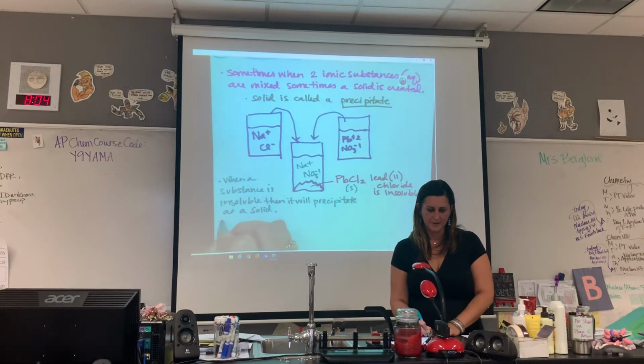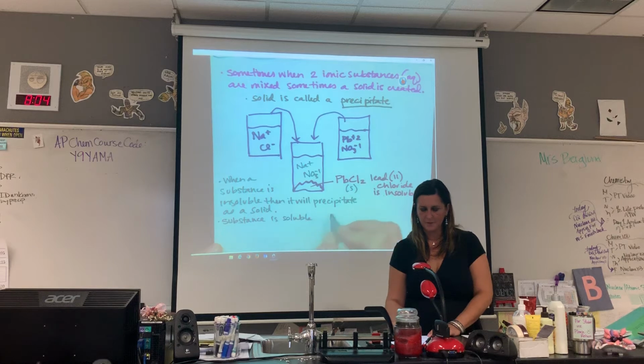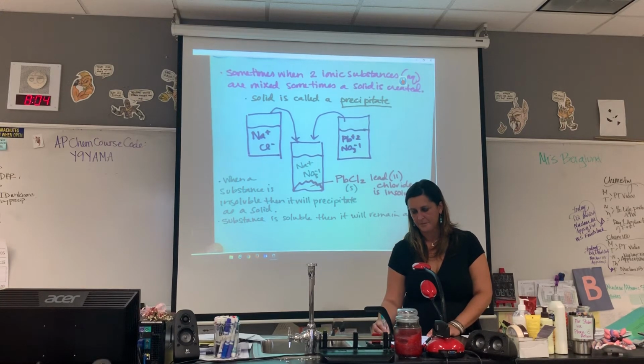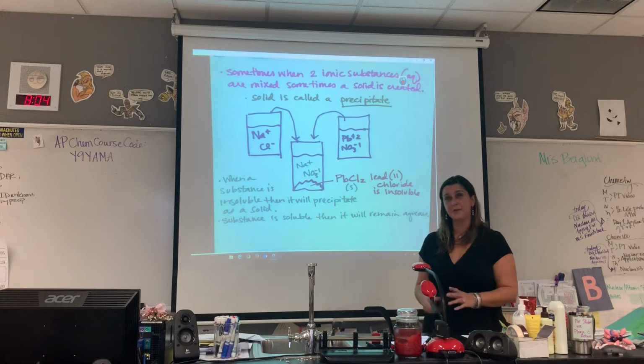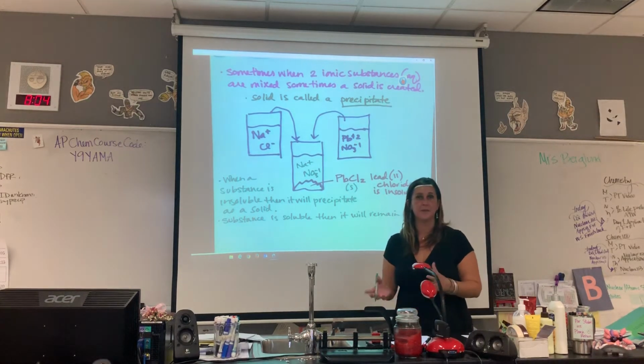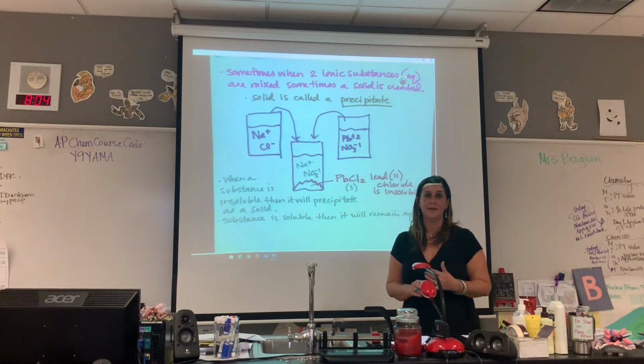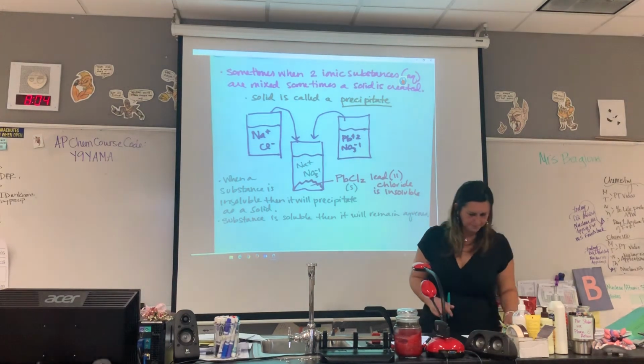Okay, and if a substance is soluble, then it will remain aqueous. So those are two things that you want to remember. If it's insoluble, it's going to precipitate as a solid, and if it's soluble, it will remain aqueous.